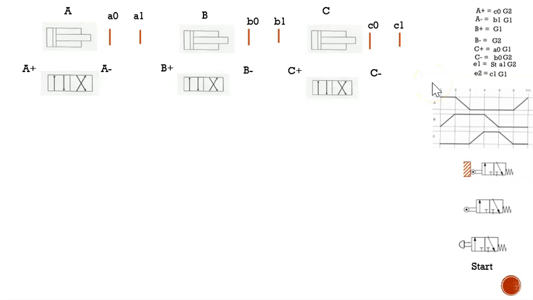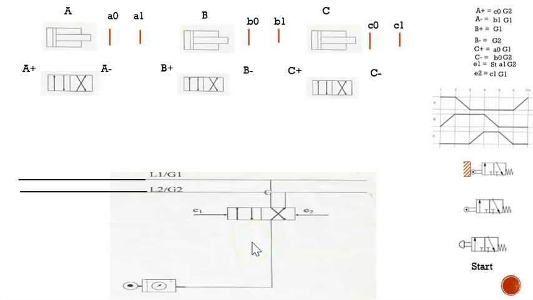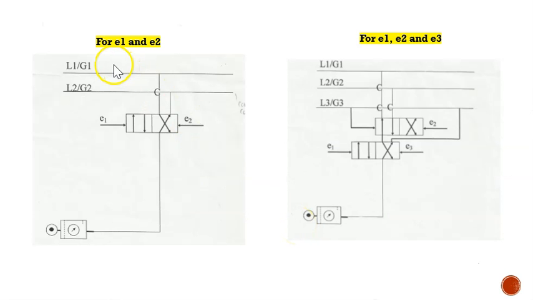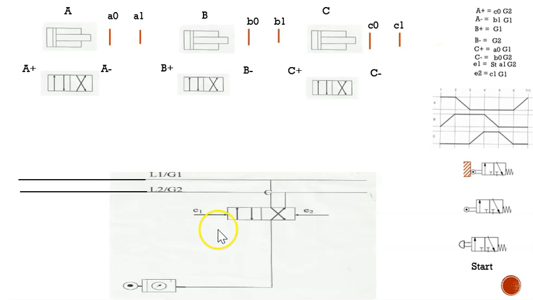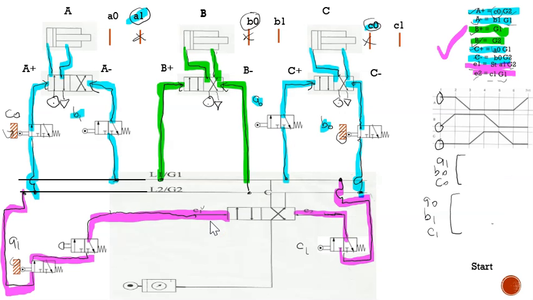Okay, and don't forget which set you're going to use. Since we have E1, E2, we're going to use this set. So we just take this template and draw it here. Okay, next I show you how to draw the complete circuit.